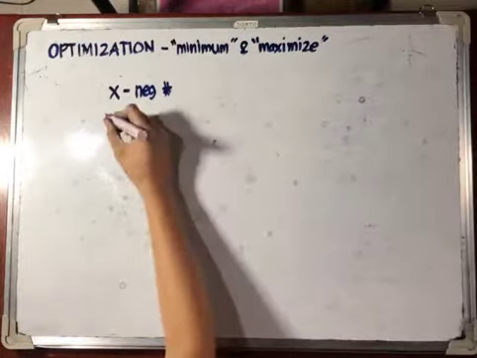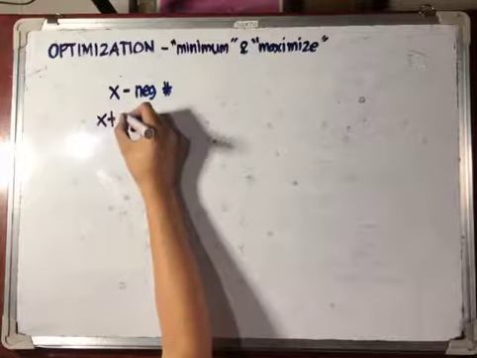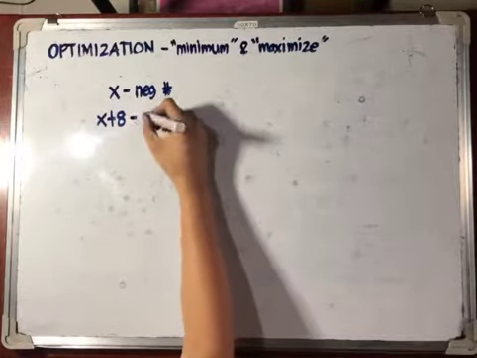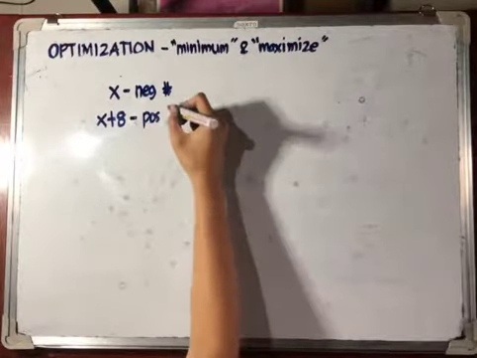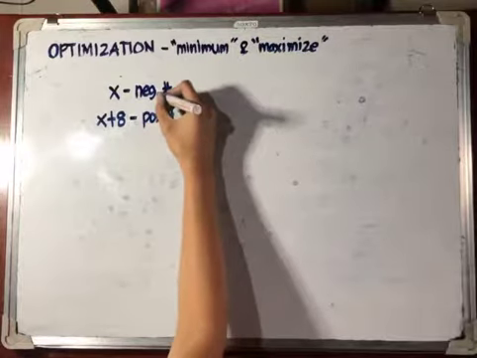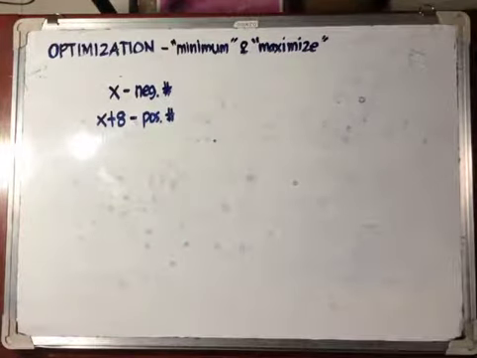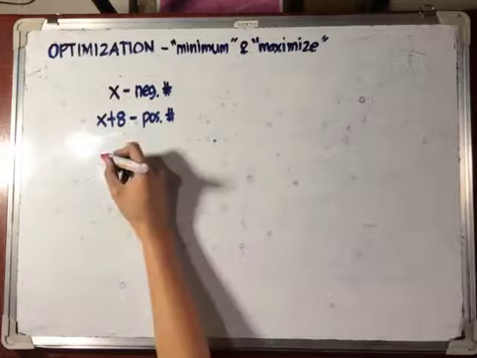And if the positive number is exactly 8 greater than the negative number, it should be x plus 8, right? I hope you are agreeing with that. And what the problem would like us to do is to minimize the product of these two numbers.